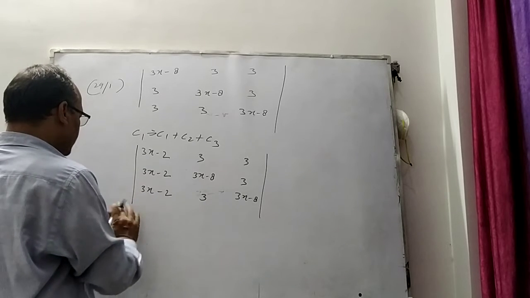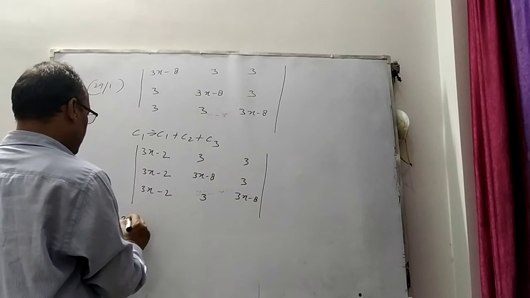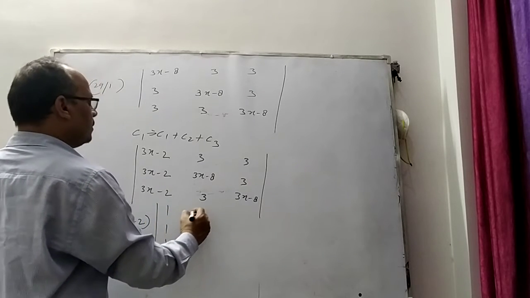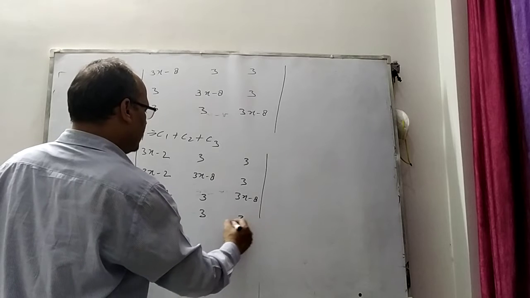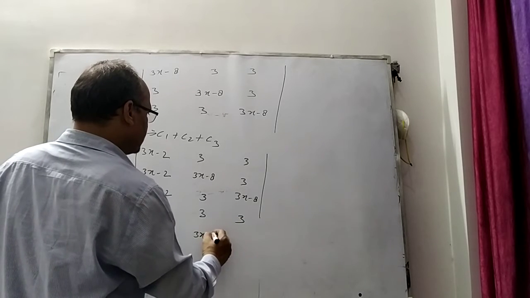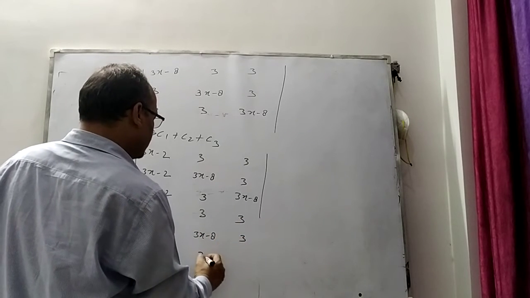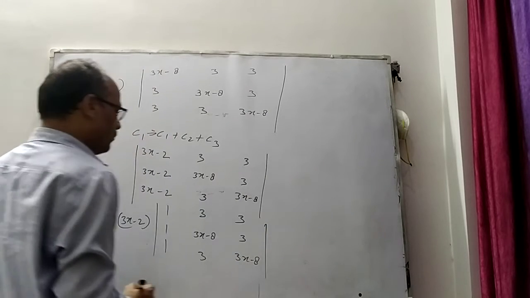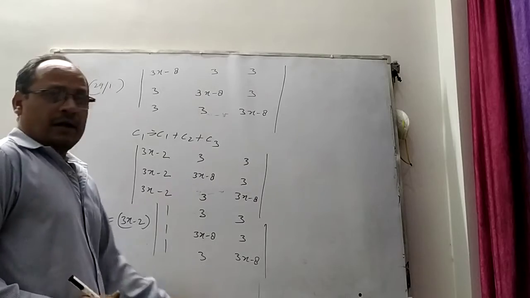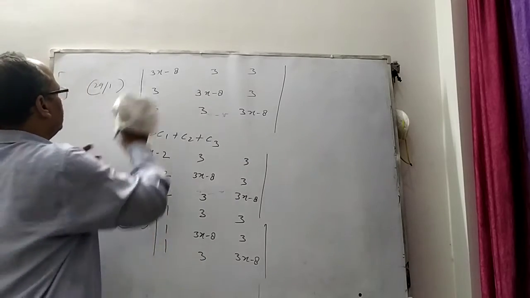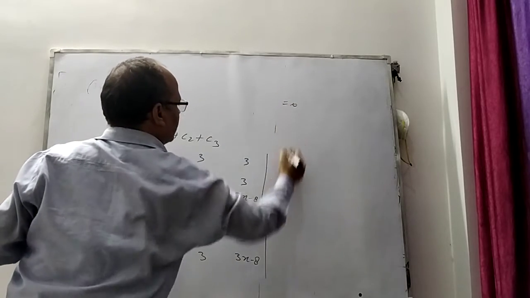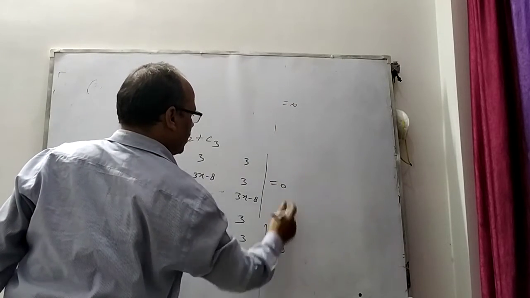This will be common, leaving 1, 1, 1. Clear? And that will be equal to 0.